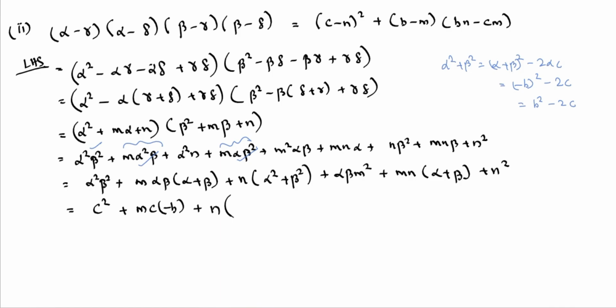So n times b squared minus 2c here, plus alpha beta is c, so cm squared here, mn minus b, plus n squared. So I'm going to rearrange this. I'm going to have this part first, so c squared first. I should have nc somewhere.